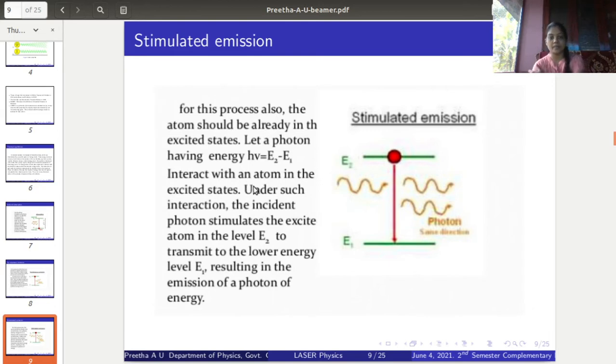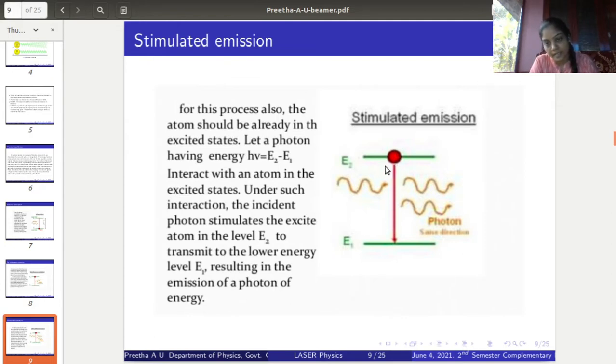interact with an atom in the excited state. Suppose one atom is already excited to this excited state by absorbing some energy, and another photon comes and interacts with it. In such an interaction, the incident photon stimulates the excited atom in the level E2 to transit to the lower energy level E1, resulting in the emission of a photon of energy h nu. So what's happening?